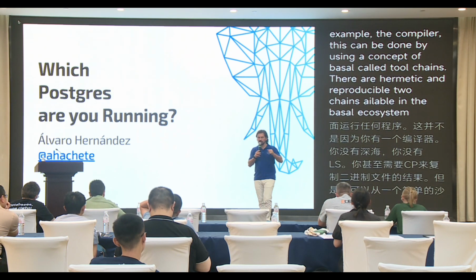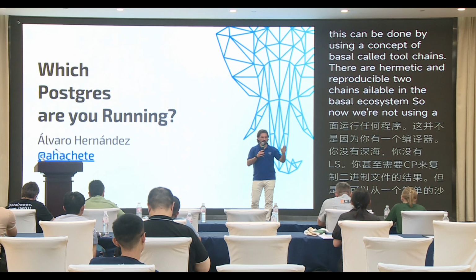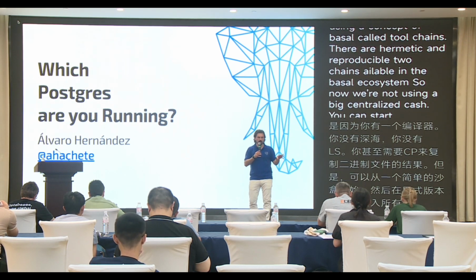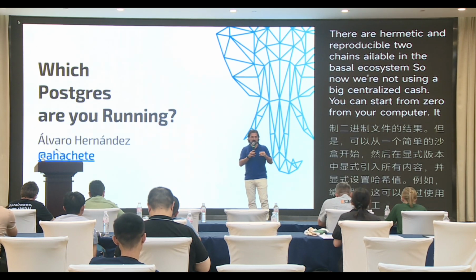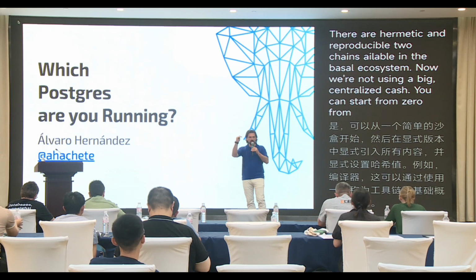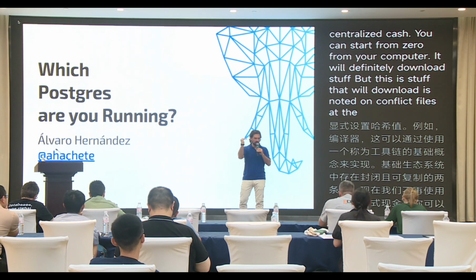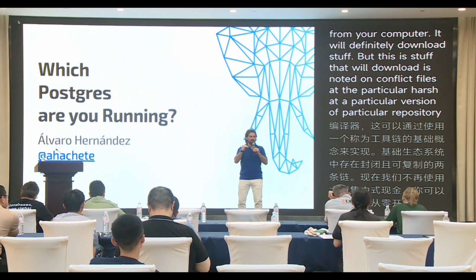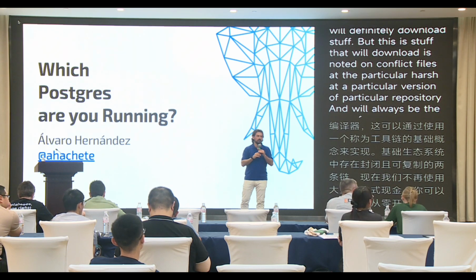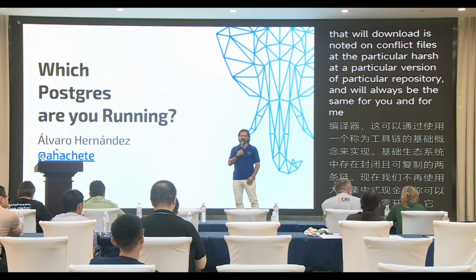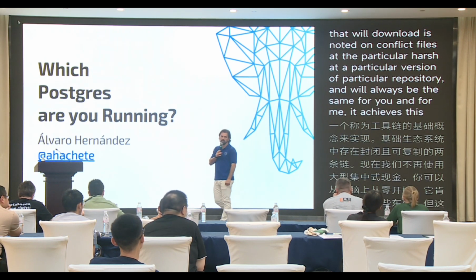So no, we're not using a big centralized cache. You can start from zero on your computer. It will definitely download stuff, but what it downloads is noted in config files at a particular hash, a particular version, a particular repository, and will always be the same for you and for me. So it achieves this reproducibility based on these concepts.